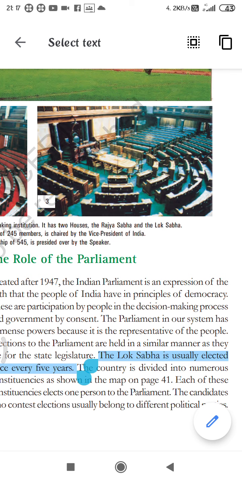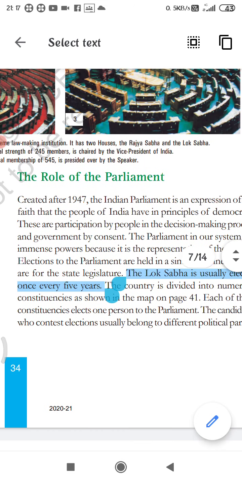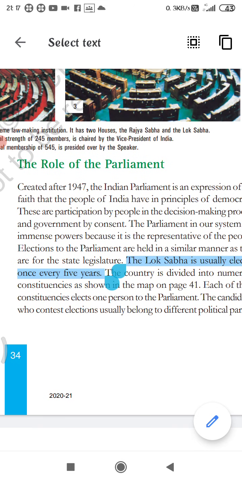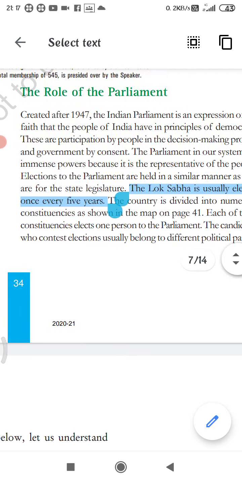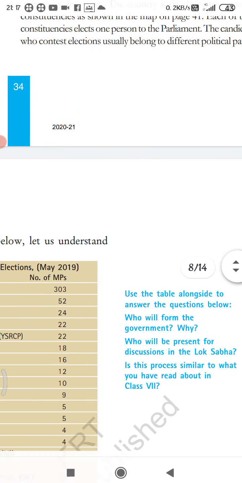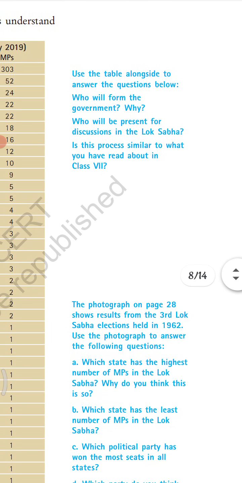So what is the tenure of Lok Sabha? That is 5 years. Clear? Let's come on to the next page.